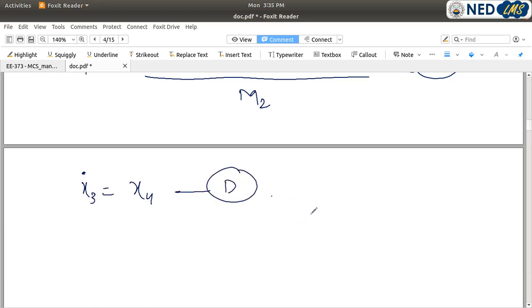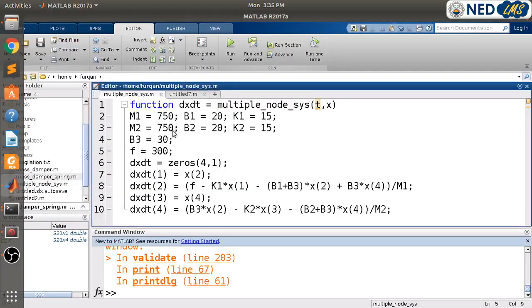Now solving these four state equations using Matlab by assuming suitable values for m, b and k. I have already written the Matlab script for this.